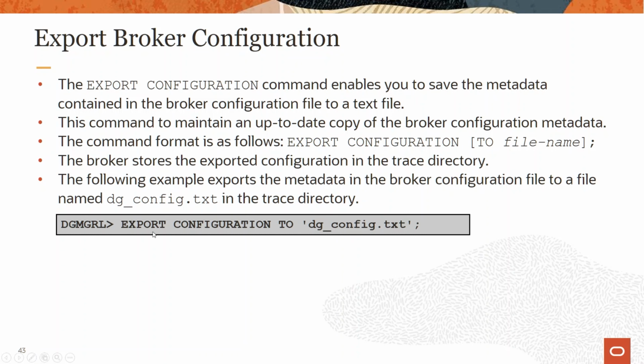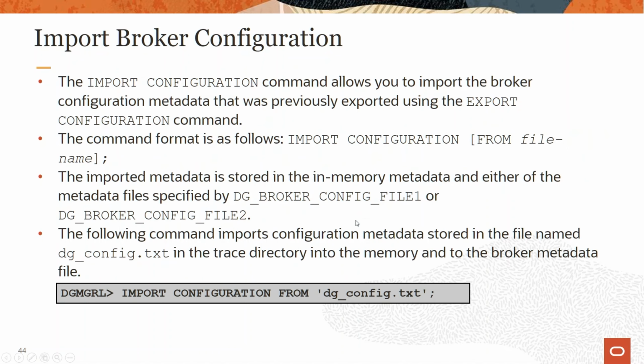In 19C, what you can do is export the configuration to a data guard config.txt file. So this will maintain your configuration metadata. So by using this, you can actually import the broker configuration back to load all metadata. So you create just the empty data guard broker configuration and import the metadata back. So all the properties and metadata will be synchronized based on the settings imported. So that's a possible thing you can use.